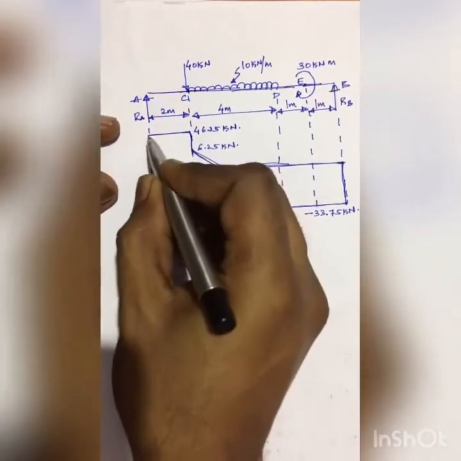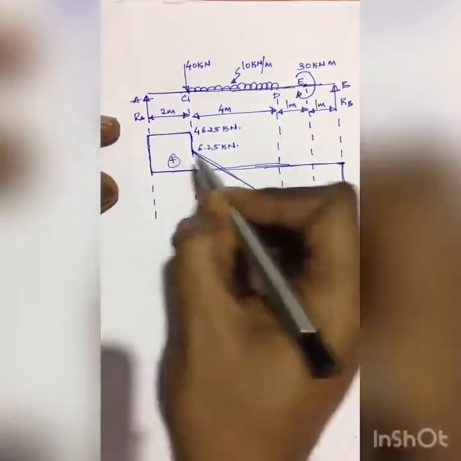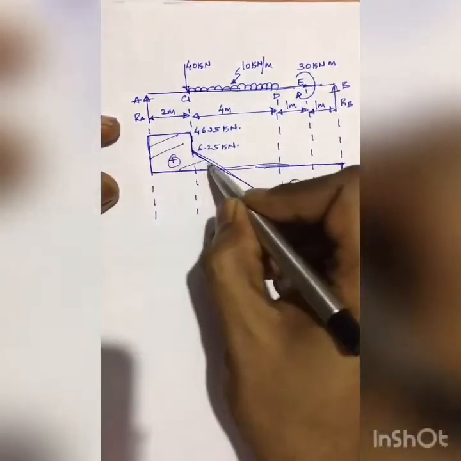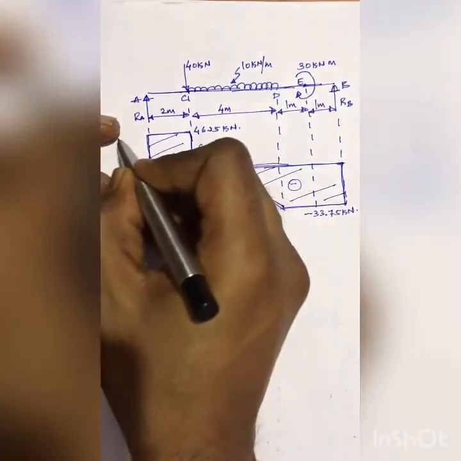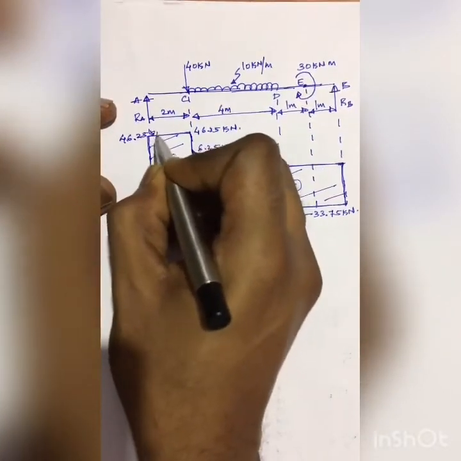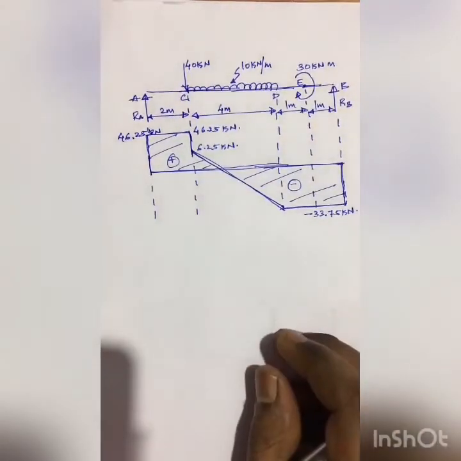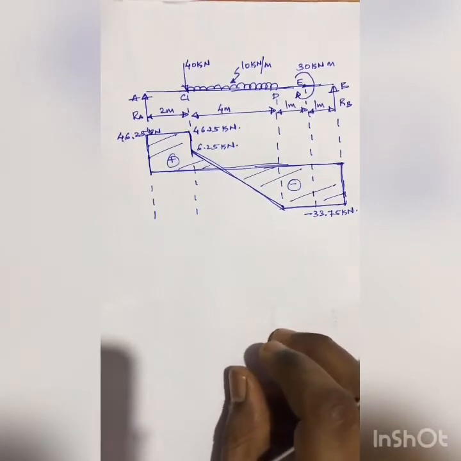This portion is positive and this value is negative here. I'll shade the diagram like this. So this is the shear force diagram.